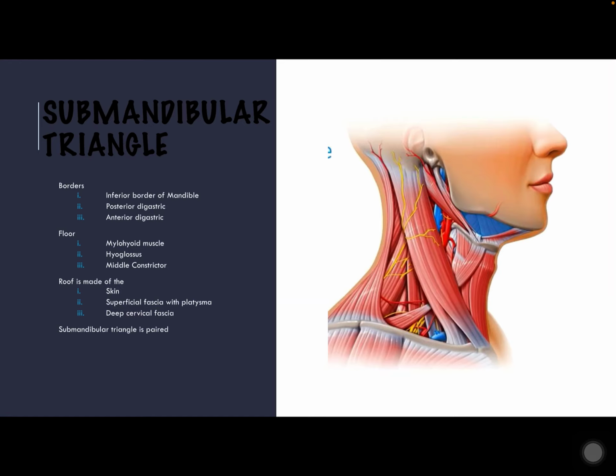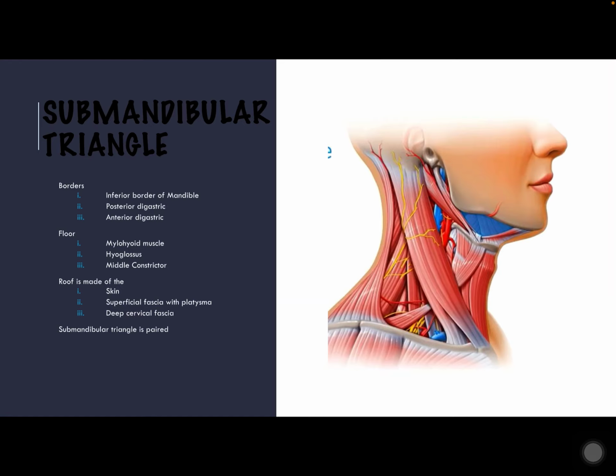Let's discuss the submandibular region now. The submandibular region is bordered by the inferior border of the mandible, the posterior digastric muscle, and the anterior digastric muscle. The floor of the triangle is made by the mylohyoid muscle, hyoglossus muscle, and middle constrictor muscle.